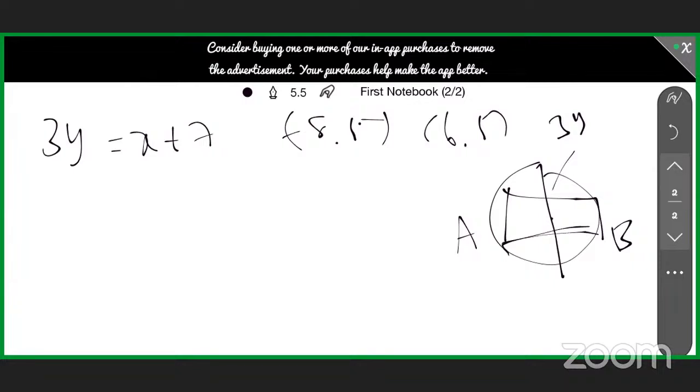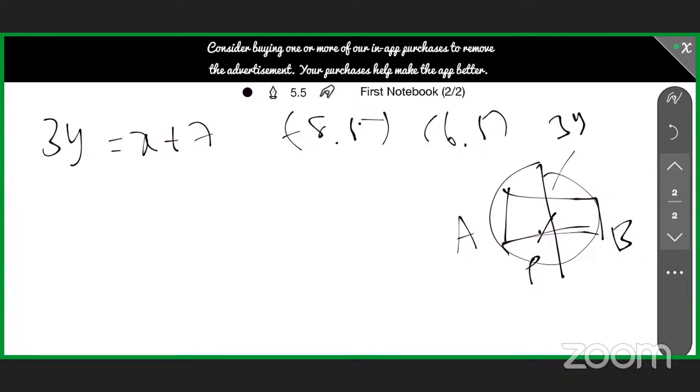From that, we'll draw a perpendicular to this side. First, we find the midpoint of AB. Let us take it as P, (-1, 5). You do the calculation afterwards. Listen to the steps.